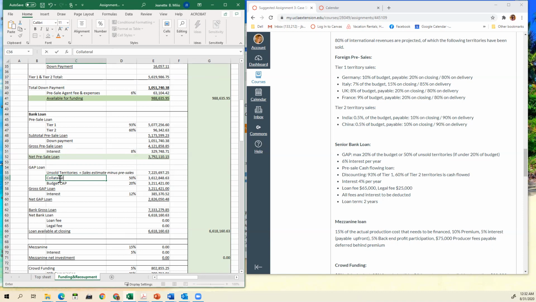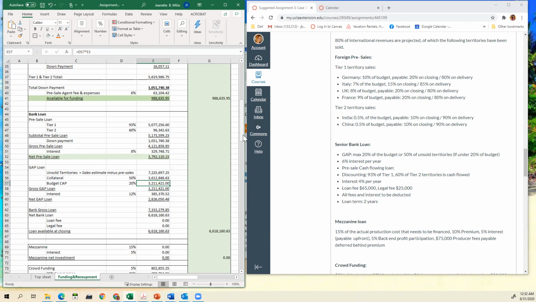I'm going to write that down here, collateral, because the bank will only give us 50% of this as a loan. So that would be 3,612,848. Now, remember that only 20% of your budget is allowed as the cap, the maximum you can get for your bank loan as the cap for the gap loan.